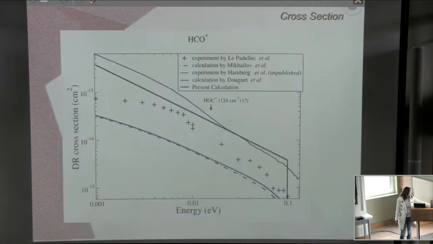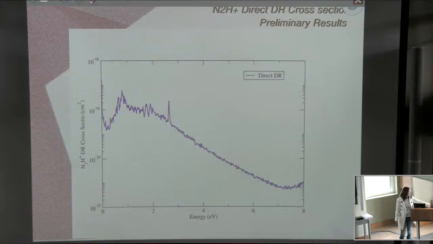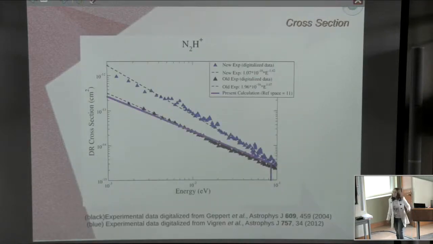Do you know what the rotational constant is? There is some feature around 5 meV or something. Is that getting to the resolution of the electron beam? No, below.